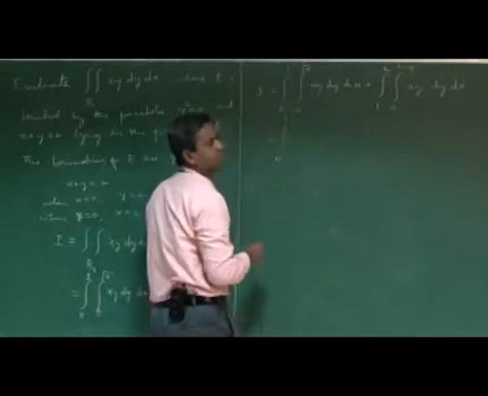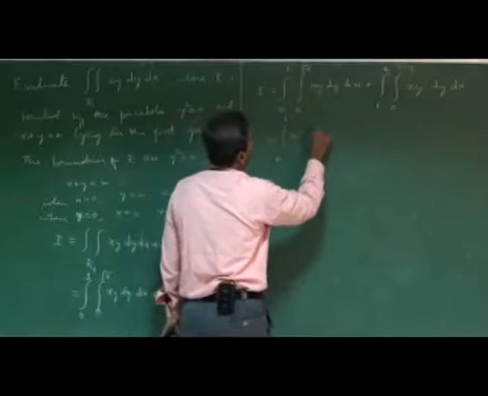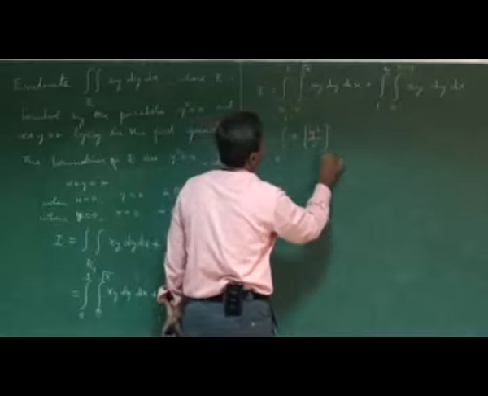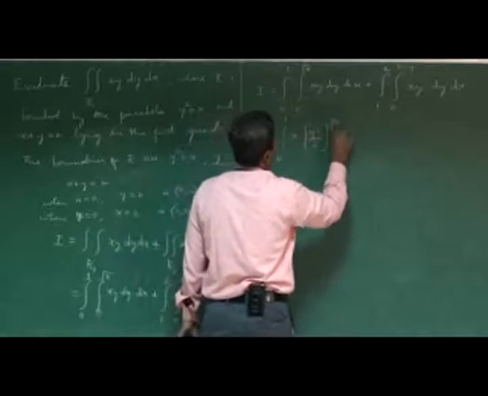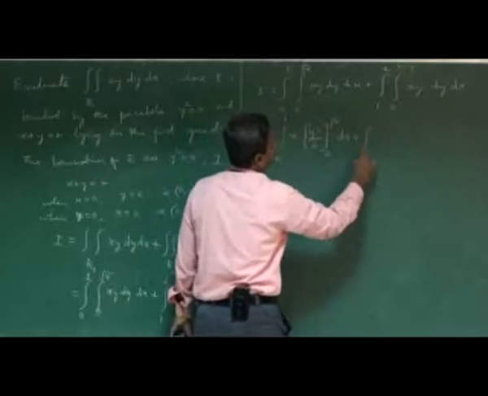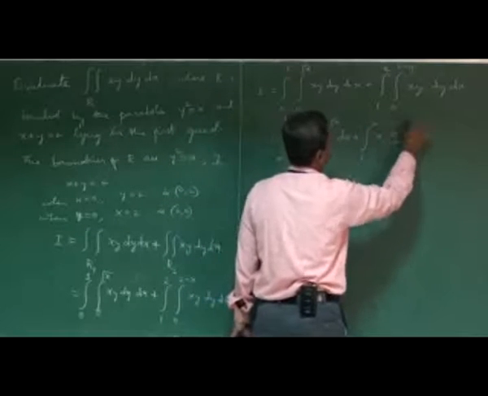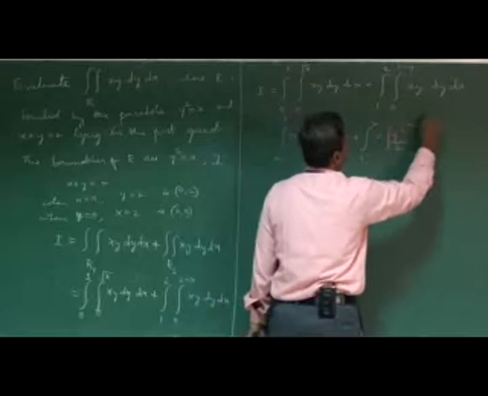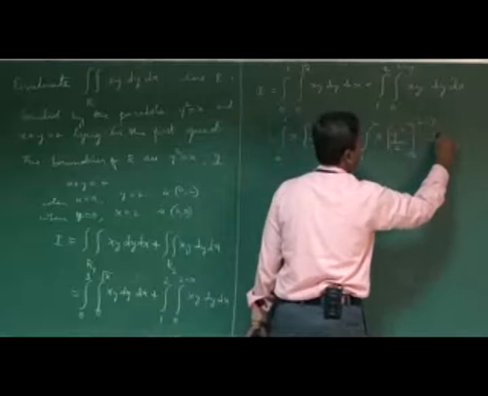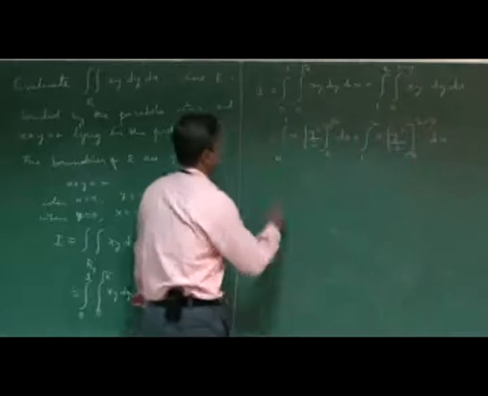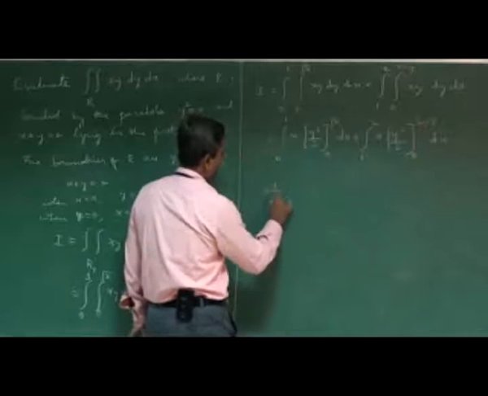The first integration is with respect to y, so x into y squared divided by 2, with the limit varying from 0 to root x, dx, plus the integral from 1 to 2 of x into y squared divided by 2, with the limit varying from 0 to 2 minus x, dx.